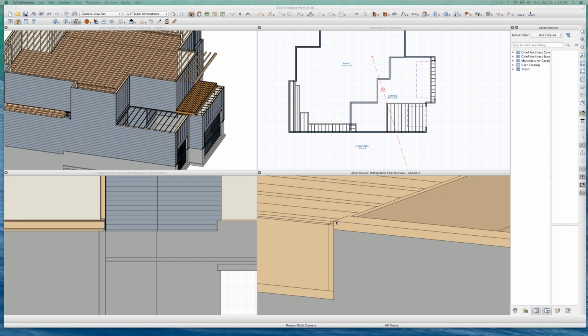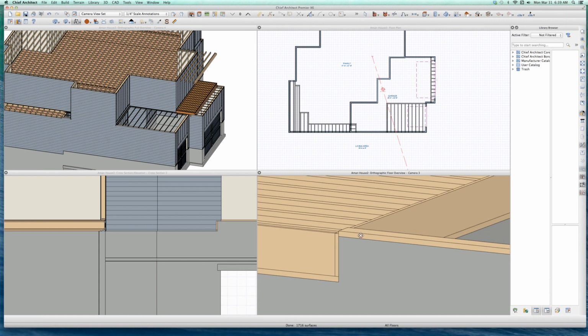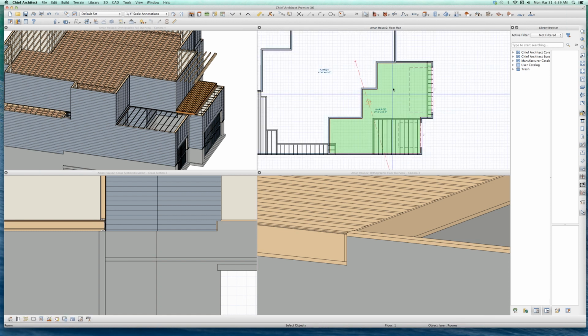Now, how else would I want to do this? I might want the sill plate on top of the stem wall to be at the same level as the sill plate on top of my floor. To do that, I would have to raise it up another 1.5 inches.